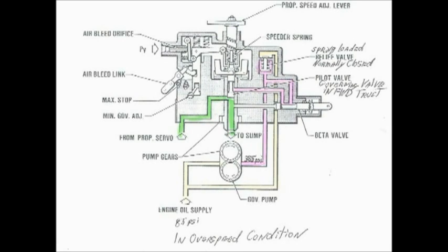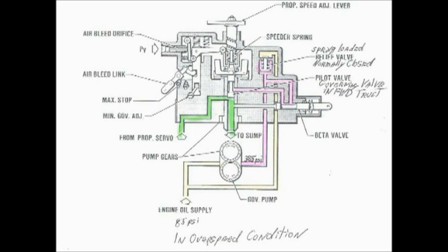So the propeller governor consists of a mechanical governor, a beta valve, and pneumatic PY pressure. If this were in our underspeed condition, the RPM would fall below the prescribed setting or has not reached the selected speed.